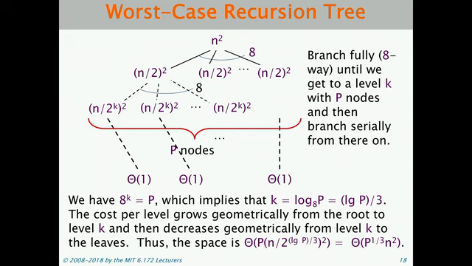And then at this level k, downwards, it's going to decrease geometrically. So the space is going to be dominated at this level k. So the space decreases geometrically as you go down from level k and also as you go up from level k. So therefore, we can just look at what the space is at this level k here.